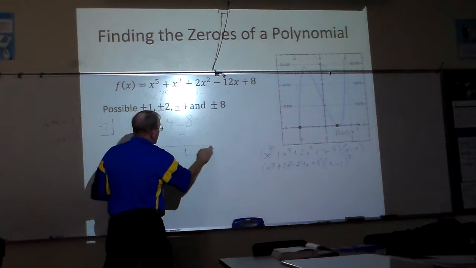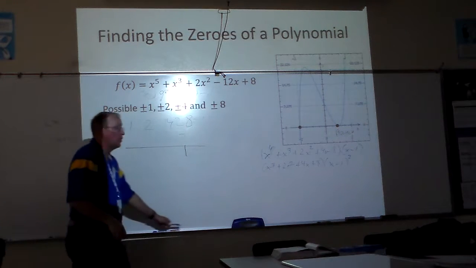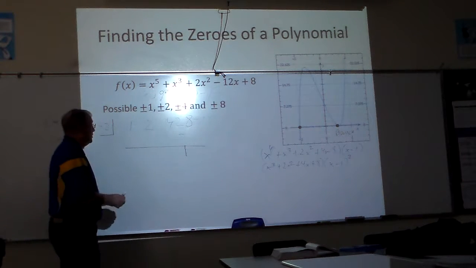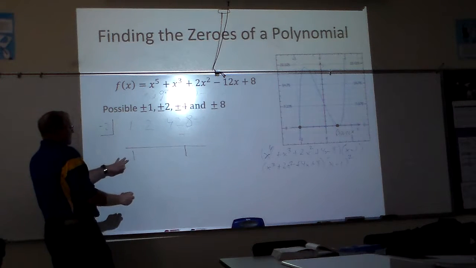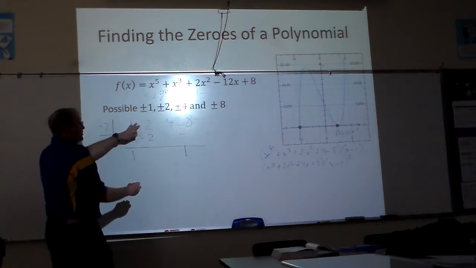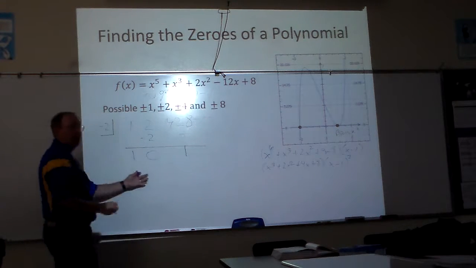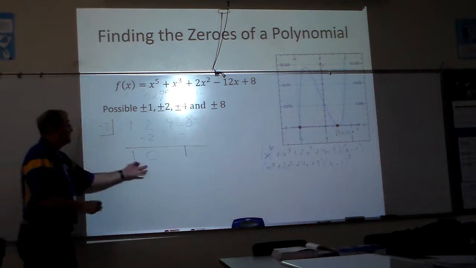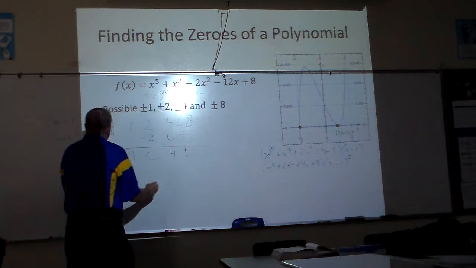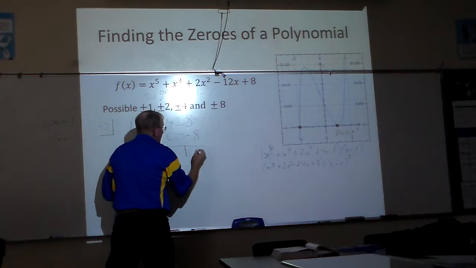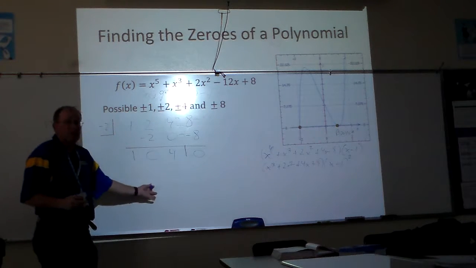This one will be my remainder one, and it should be 0 or it doesn't work. So now I bring down the 1. Negative 2 times 1 is negative 2. 2 plus negative 2 is 0. Negative 2 times 0 is 0. That brings 4. Negative 2 times 4 is negative 8, which makes 0. So it is a factor.